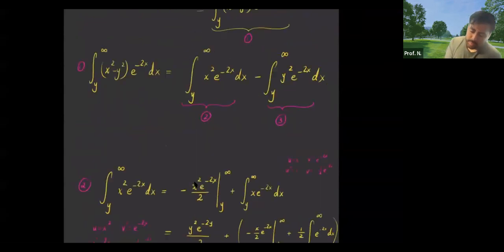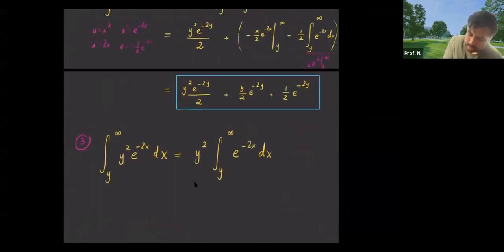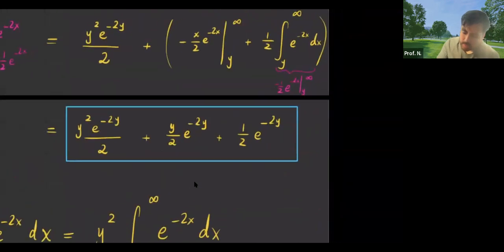Now, because it's with respect to x, you can take out the y squared, and this becomes y squared times the integral from y to infinity of e to negative 2x dx. And I think we just did this one, right? Wait, hold on. We did this here, right?